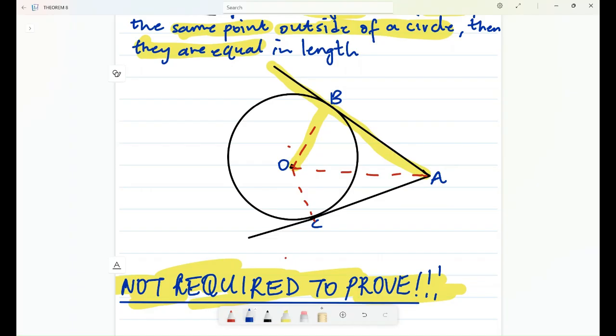So this means to us that this angle here is 90 degrees. Also this angle here is 90 degrees, because also AC is a tangent and OC is a radius.